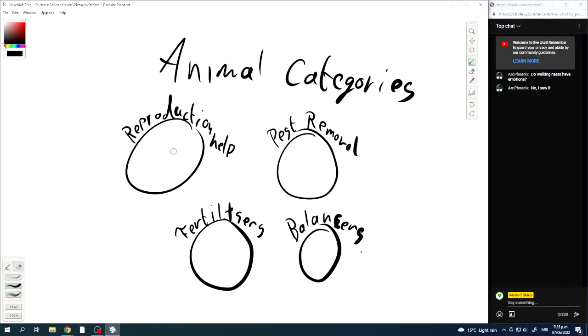These are basically the kinds of animals that help the plants reproduce in the various stages of it, be that helping with pollination, or helping with the spreading of seeds or seed saplings. That kind of stuff.